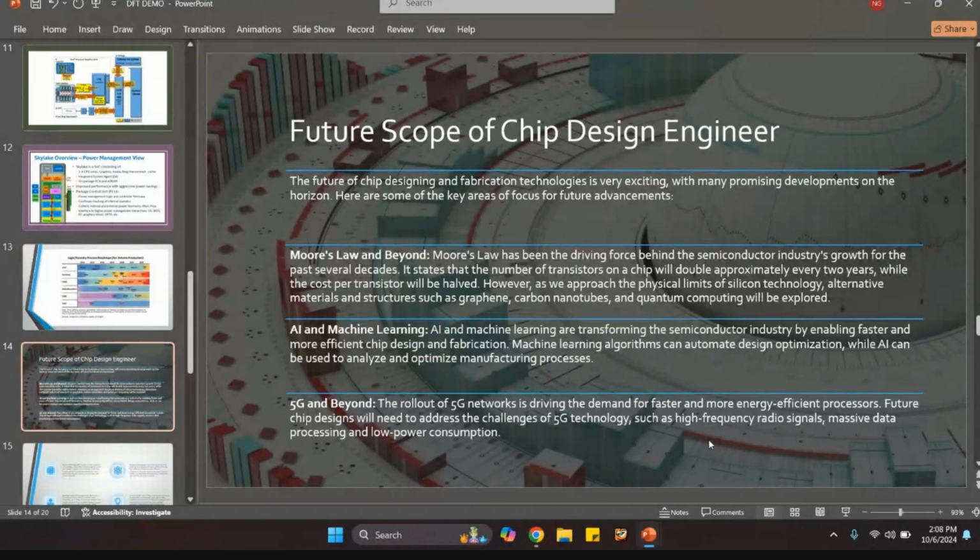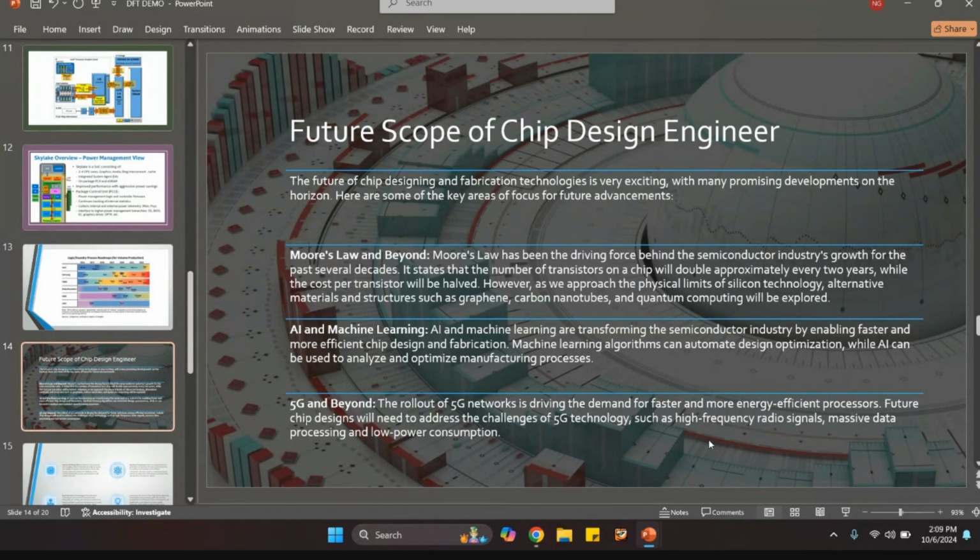Okay, so likewise, we need a lot of engineers dealing with more complex designs, because at the end of the day, you are not going to do it on your own. None of the domains that I have shown you are going to do it on their own.